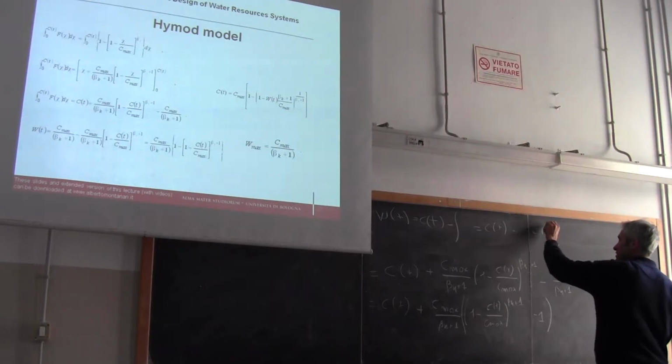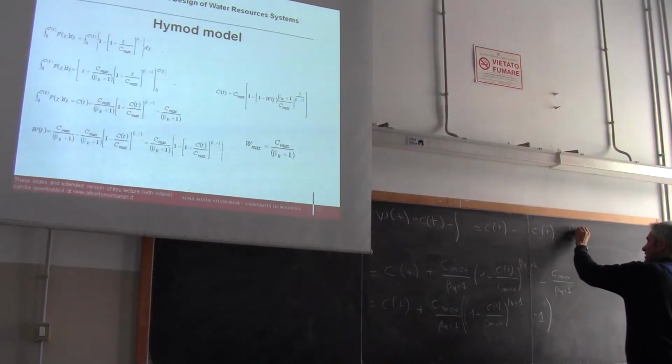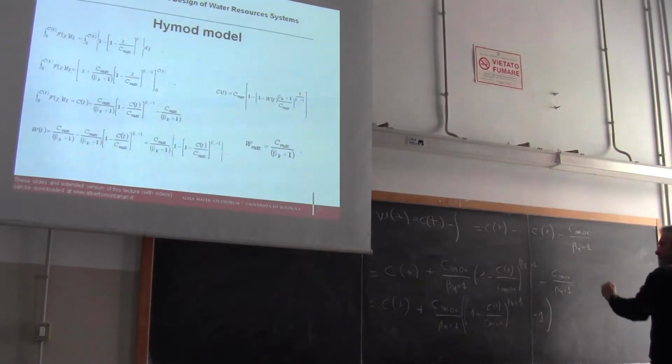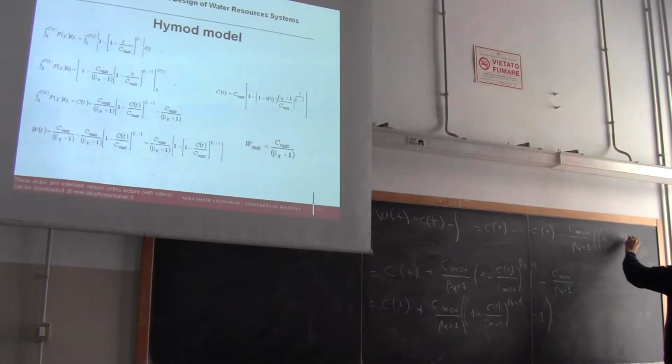So minus Ct minus Cmax divided by beta k plus 1, which multiplies, two parentheses, 1 minus Ct divided by Cmax to the power of beta k plus 1 minus 1.